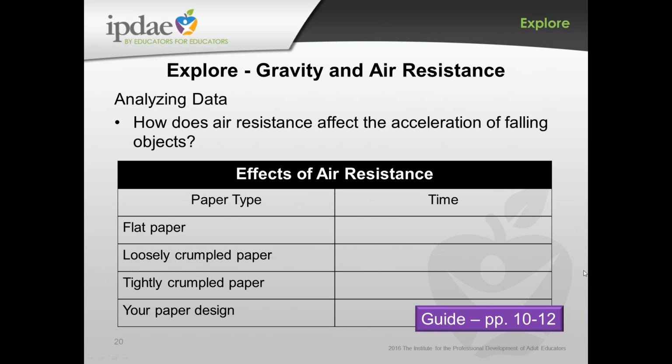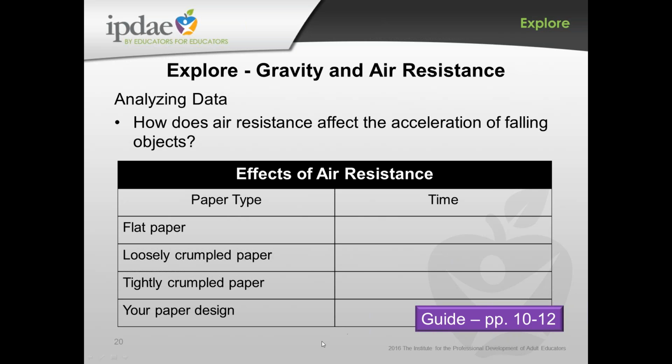Quite honestly, all they need is a smartphone in hand with their timer and a group of people working together to do a simple experiment, where they're going to time different pieces of paper that are moved into different shapes and see which one takes the longest to hit the ground and which one is the fastest, and then talk about why.